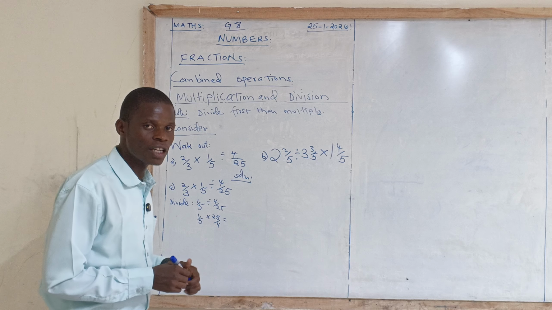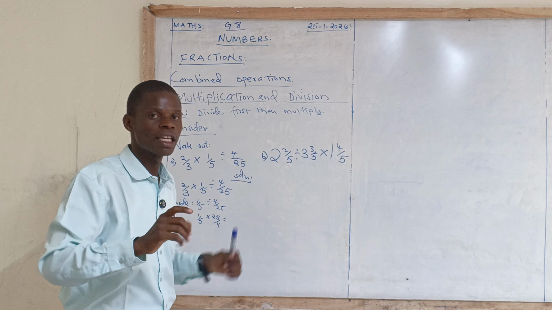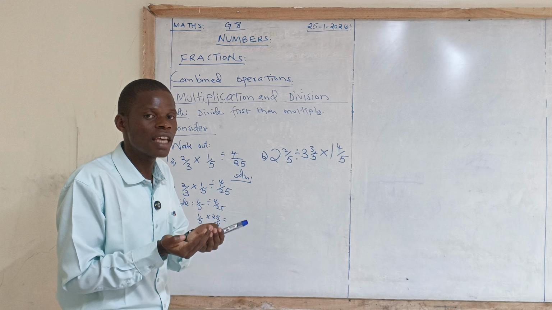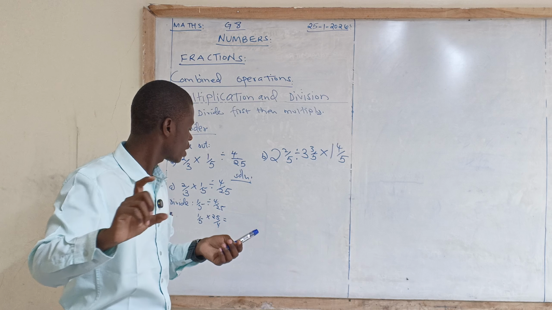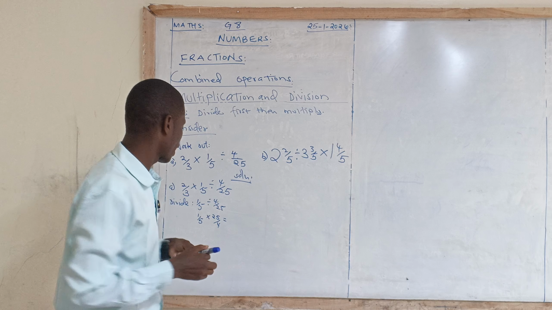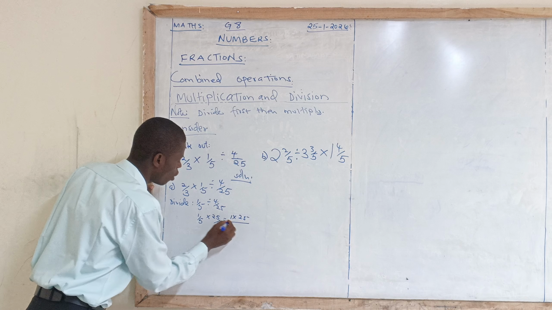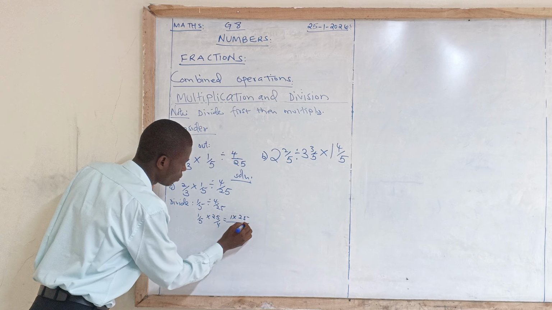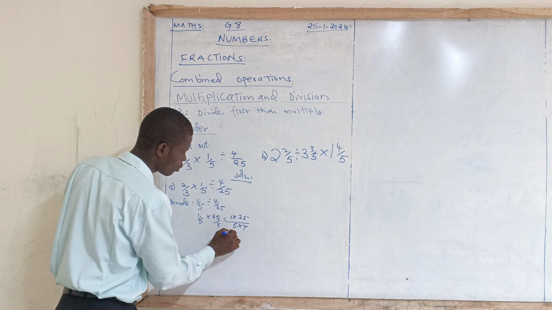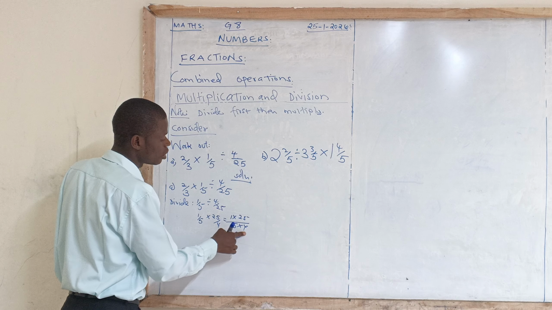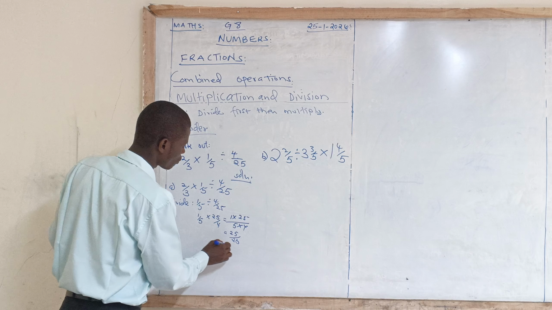So how do we multiply fractions? We multiply numerators separately and denominators separately, then we simplify. So here, this is the same as 1 times 25 over 5 times 4, which is the same as 1 times 25, this is now 25, over 5 times 4, this is now 20.